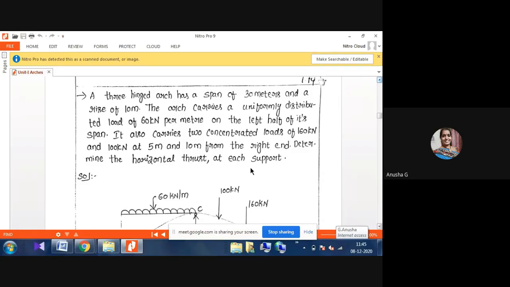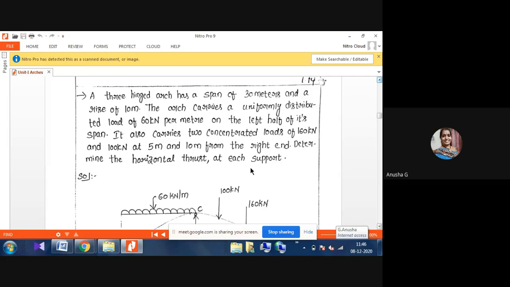From the left, up to half of the span, a UDL of 60 kilonewton per meter is acting. Draw the UDL on the left half span, up to 15 meters.